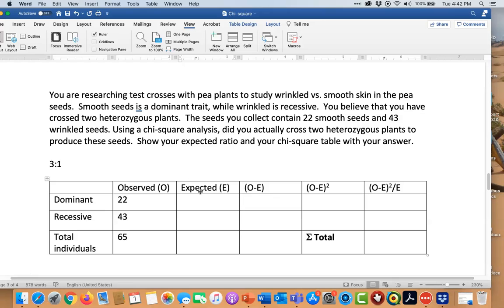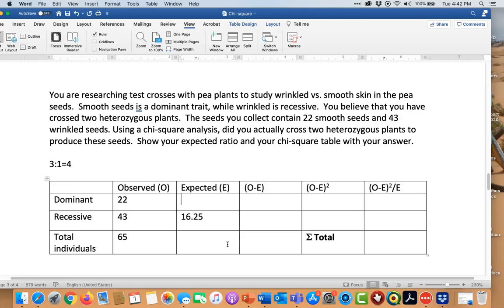Because our ratio here is still 4 if we total it up. So we're going to take 65, divide it by 4, and that means that the 1 in the 3 to 1, the recessive, we expect to be 16.25. And it is okay for the expecteds to be a decimal point, right? Because they are expecteds, so they're based on that ratio.